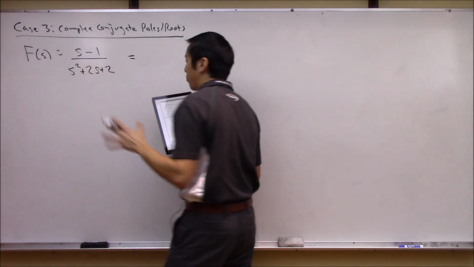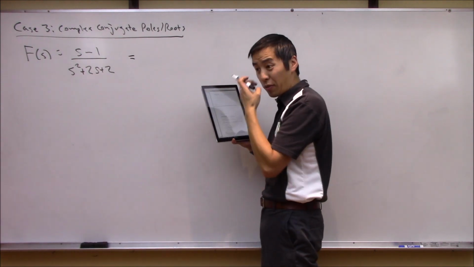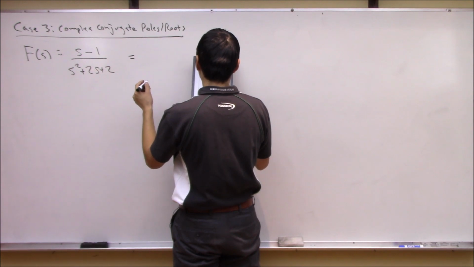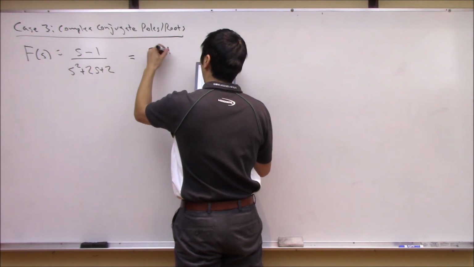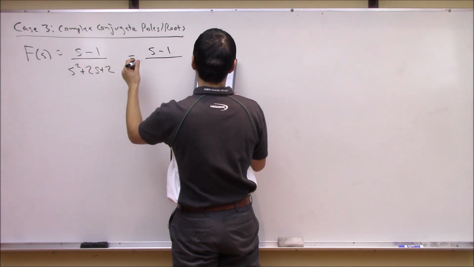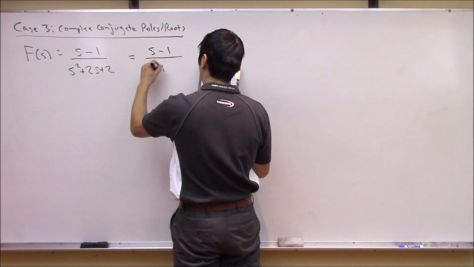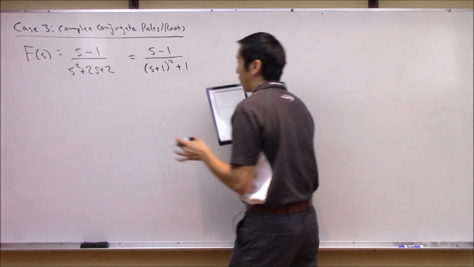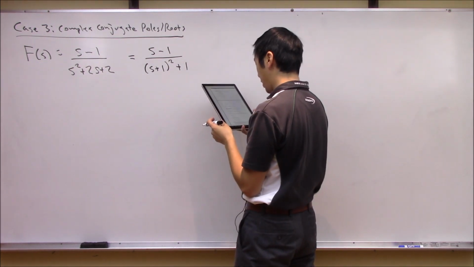And our partial fraction expansion might be an odd term here, more like completing the squares or just rewriting this. We saw that we could rewrite this to look like s minus 1 all over s plus 1 squared plus 1 squared.